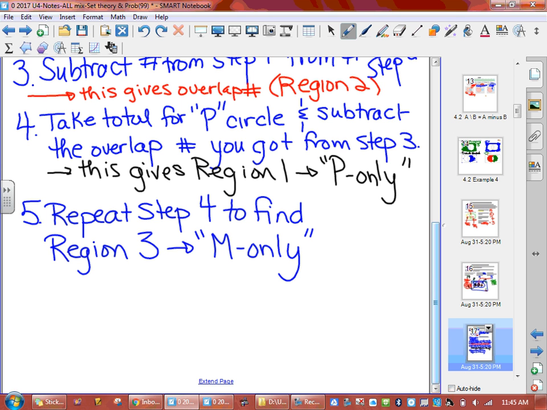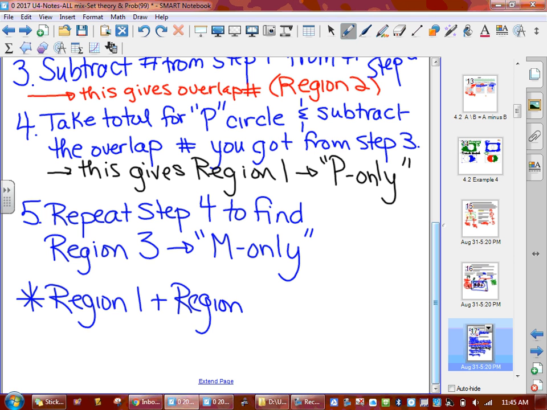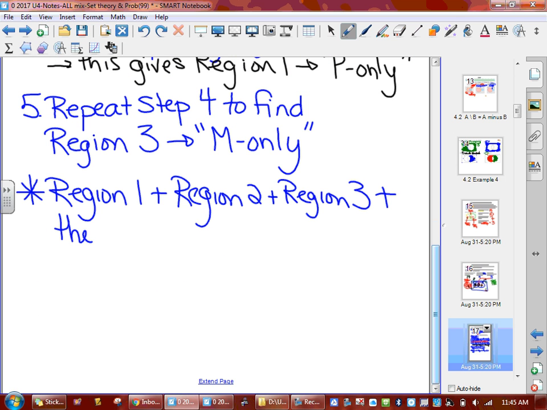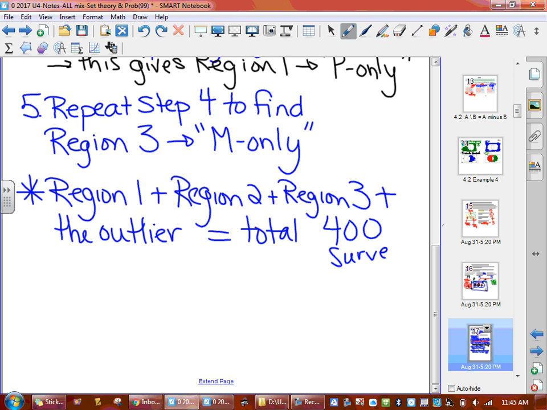Region 1 plus region 2 plus region 3 plus the outlier equal the total 400 surveyed. Always. Okay, so let's write those steps down, and then we're going to finish doing those steps for this question. Is that far enough up? Okay, push pause down, play when you're ready.